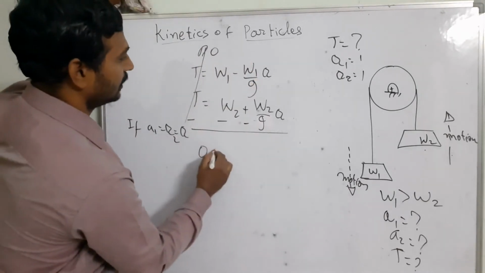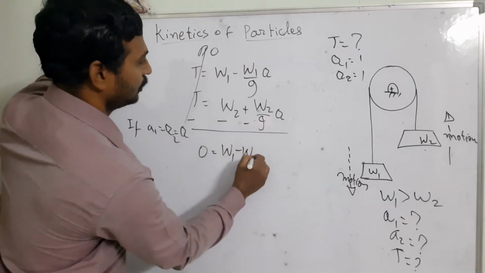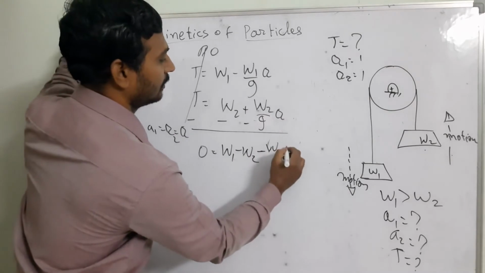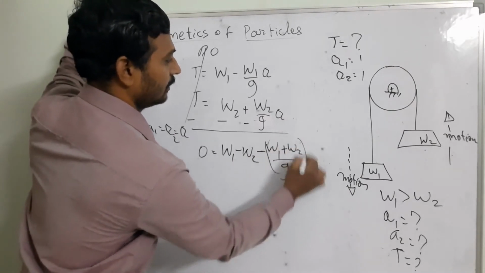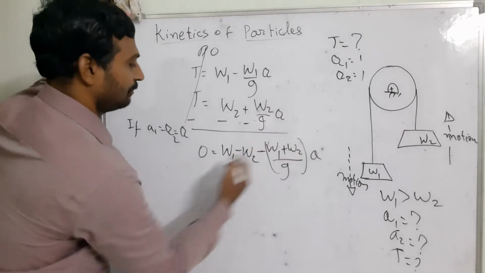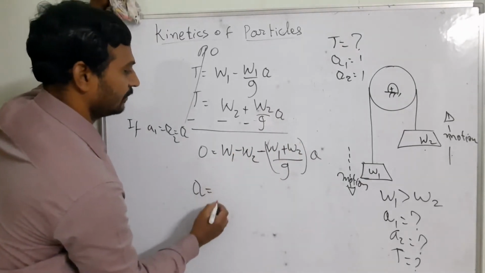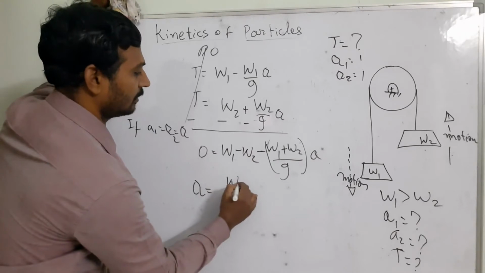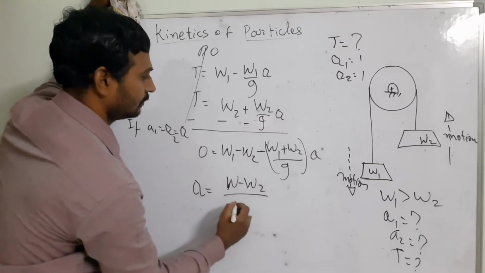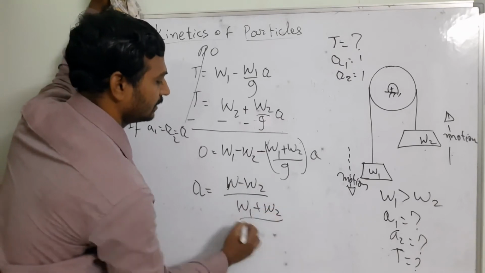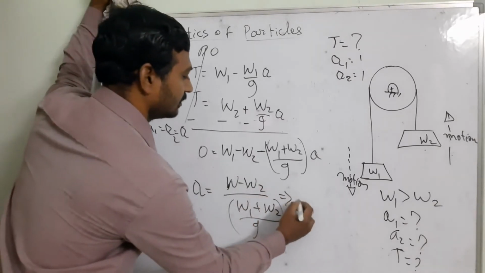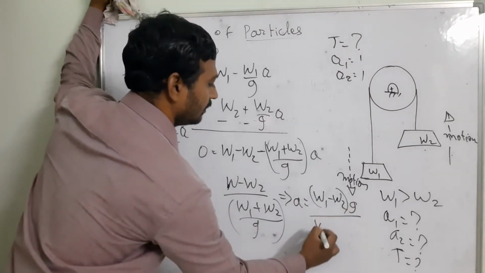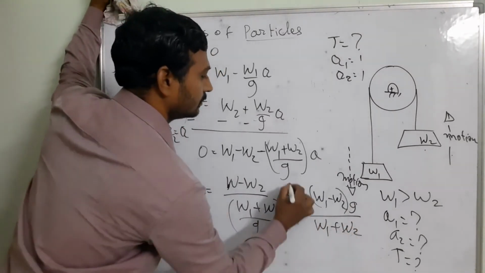And further simplification, 0 is equal to W1 minus W2 minus (W1 plus W2) by Z into A. Further simplification from this equation, A is equal to, taking this parameter to the right side, (W1 minus W2) by (W1 plus W2) by Z. And further, A is equal to (W1 minus W2) Z by (W1 plus W2).